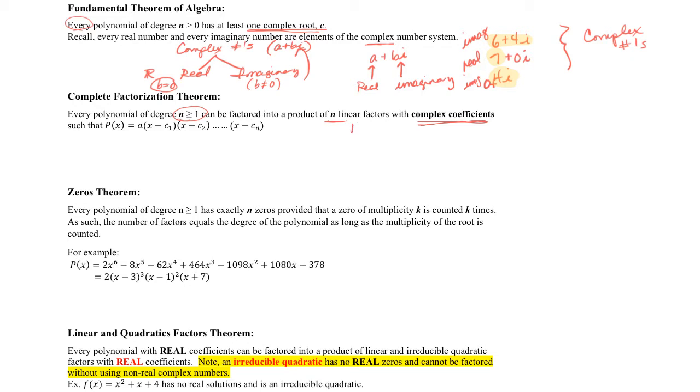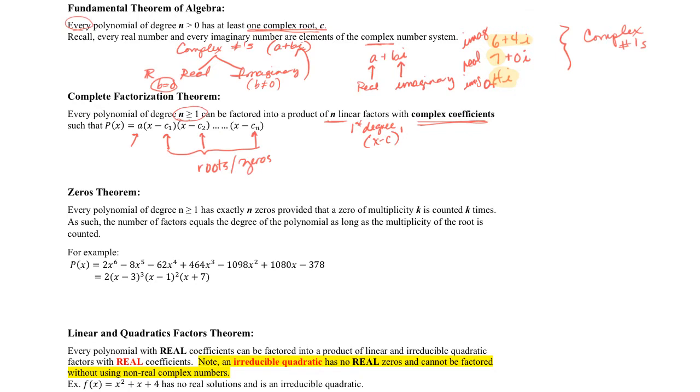Linear factors are just factors in the first degree, the ones of the format x minus c, which is understood to be first degree. So the polynomial would be written as p of x equals a, my leading coefficient, times x minus c1, times x minus c2, x minus c3, x minus c4, all the way down. And each of these c values are the roots or the zeros of the polynomial.